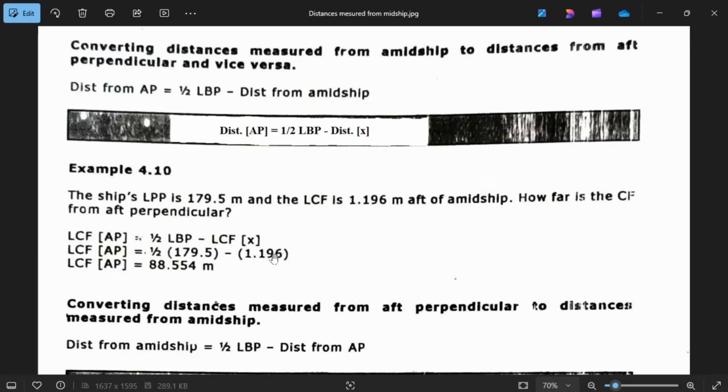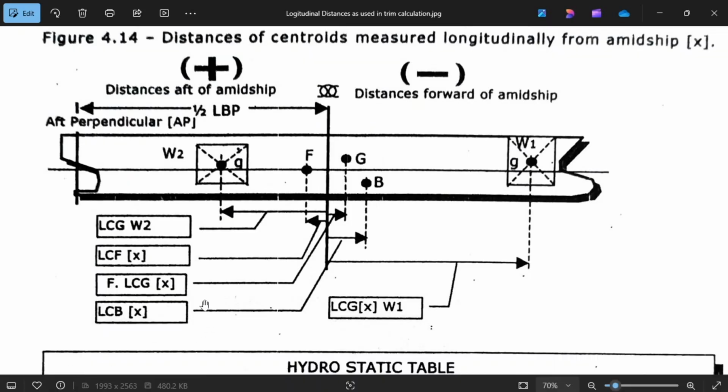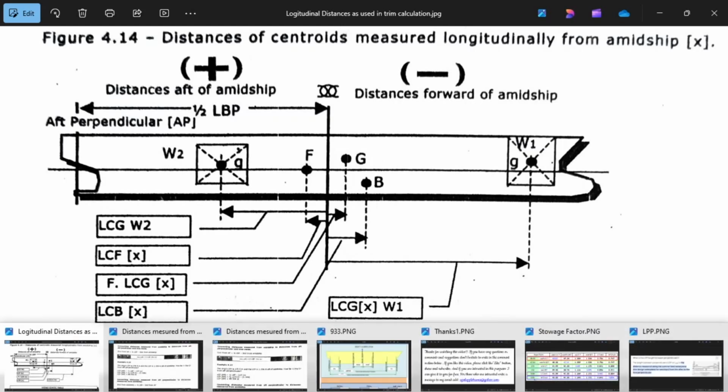So, for LCF here, for example, by this illustration, if this is your LCF, what will be the distance here? The remaining LCF. Okay? So that's what it means. So we go back.